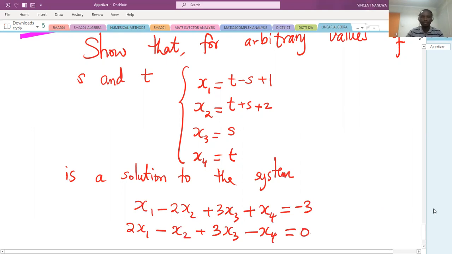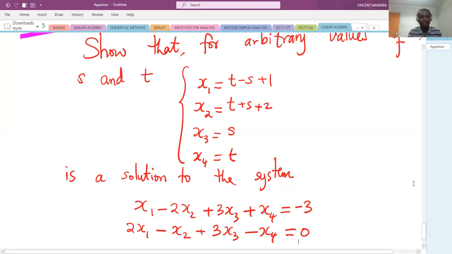So this exercise shows that for arbitrary values of S and T, the solution to the system x1 minus 2x2 plus 3x3 plus x4 equals minus 3, and 2x1 minus x2 plus 3x3 minus x4 equals 0 is x1 is T minus S plus 1, x2 is T plus S plus 2, and x3 is S and x4 is T.